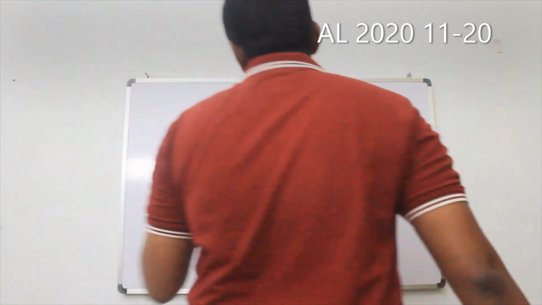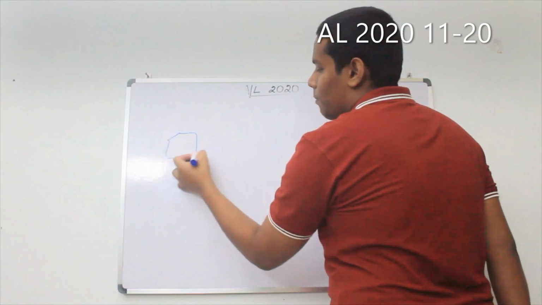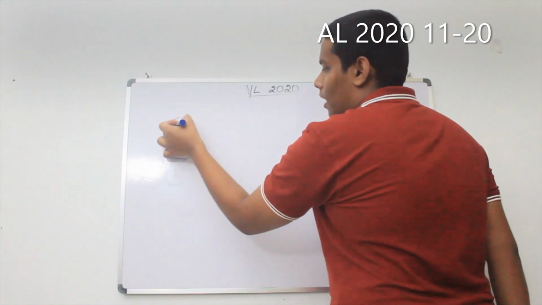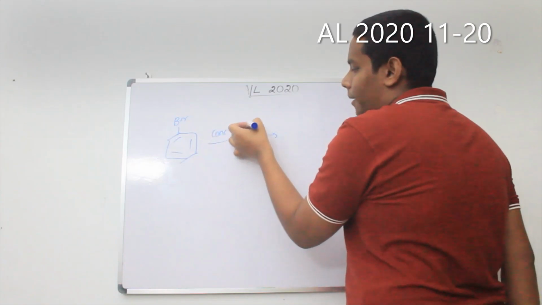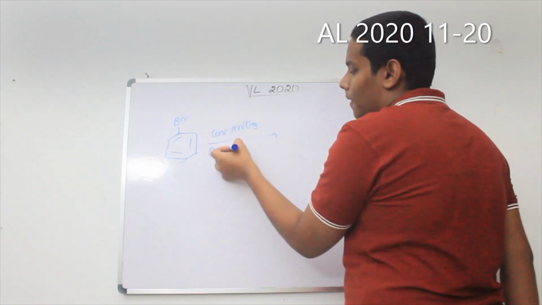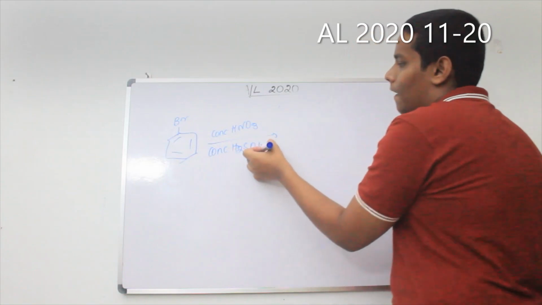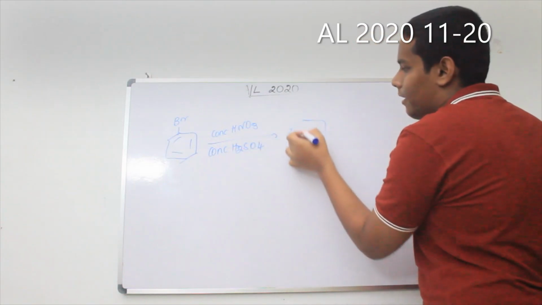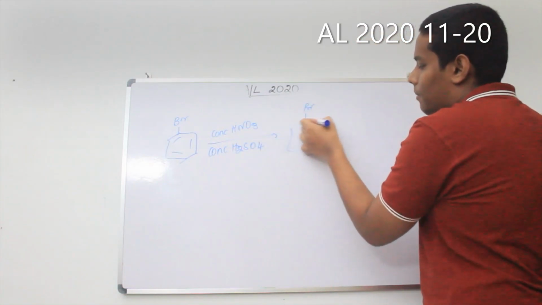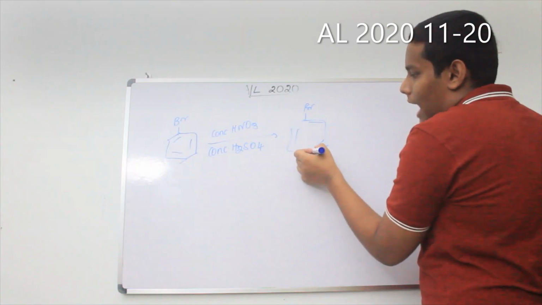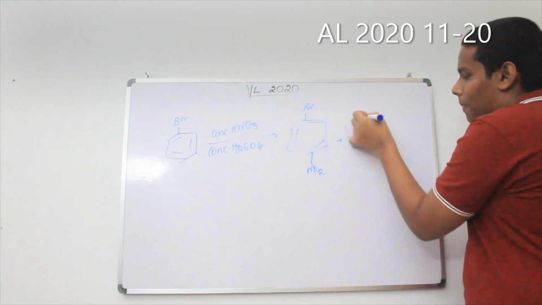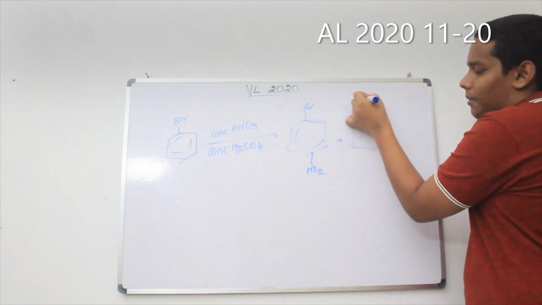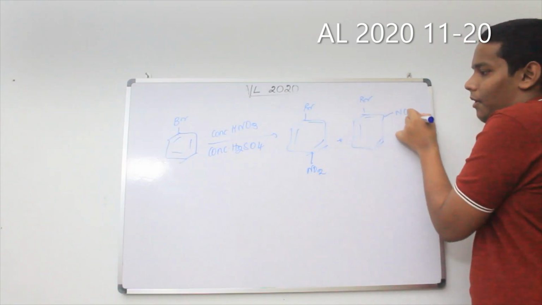We are taking bromobenzene and conc HNO3, conc H2SO4. Since this is an ortho-para director, what will happen? Either you will get NO2 here, or you can even get NO2 here.